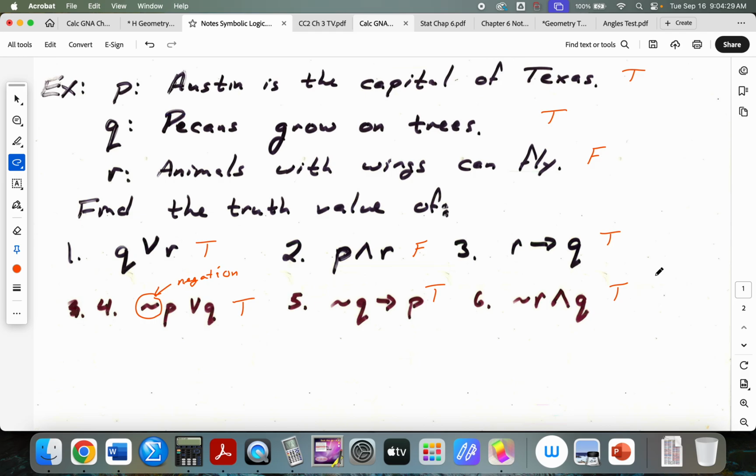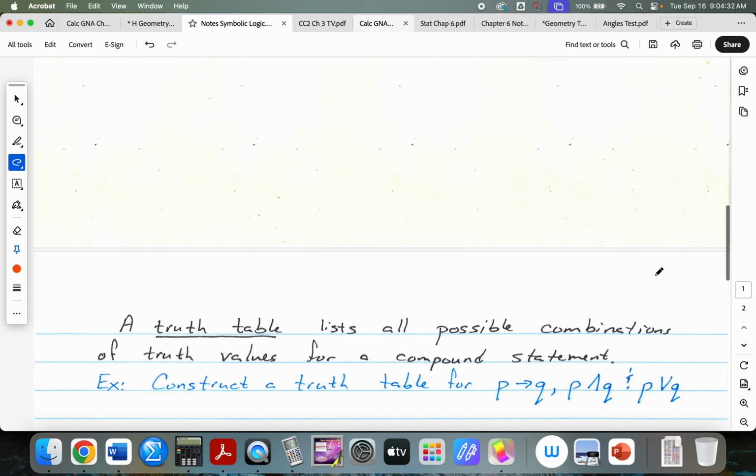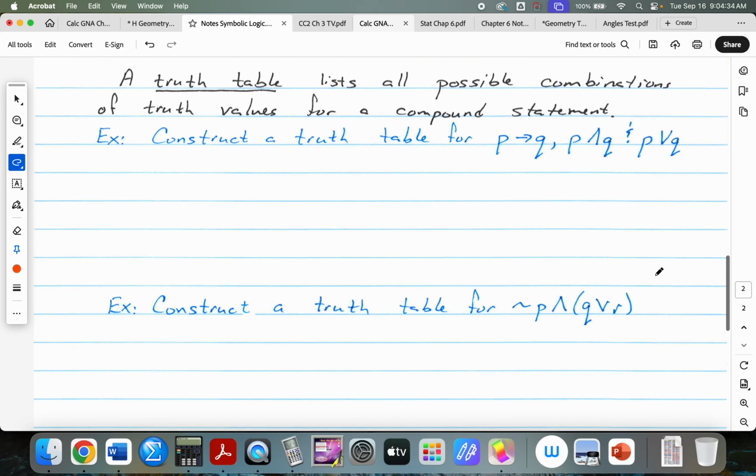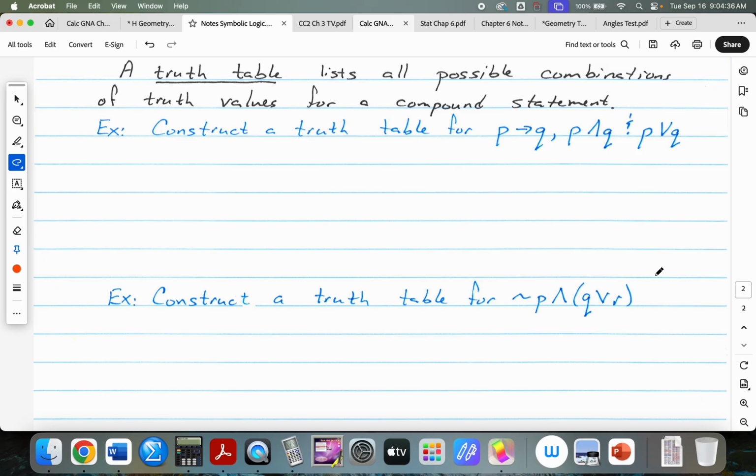So we'll do some questions like this, but the other thing we'll do is something called a truth table. So a truth table lists all possible combinations of truth values for a compound statement. We're going to construct a truth table first for P implies Q, P and Q, and P or Q. So what we're going to do is do this by columns.